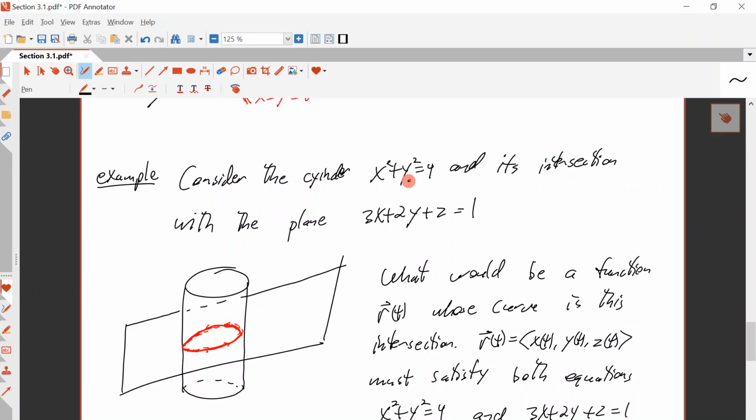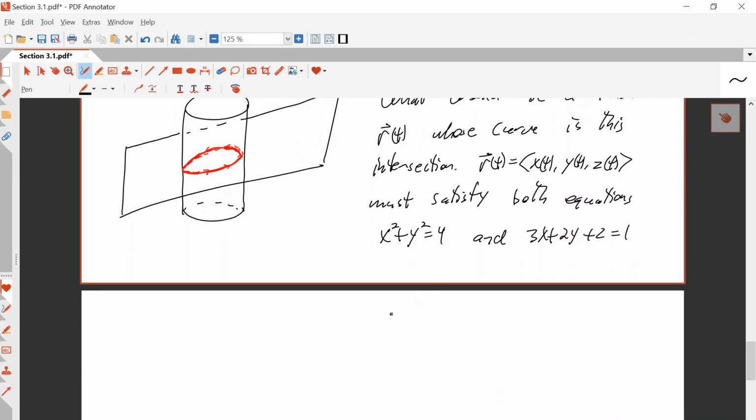Satisfying x squared plus y squared equal to 4, this would be x equal to 2 cosine t, y equal to 2 sine t. Now x squared plus y squared is 4 cosine squared plus 4 sine squared, which is 4, sorry. So that satisfies the first equation.